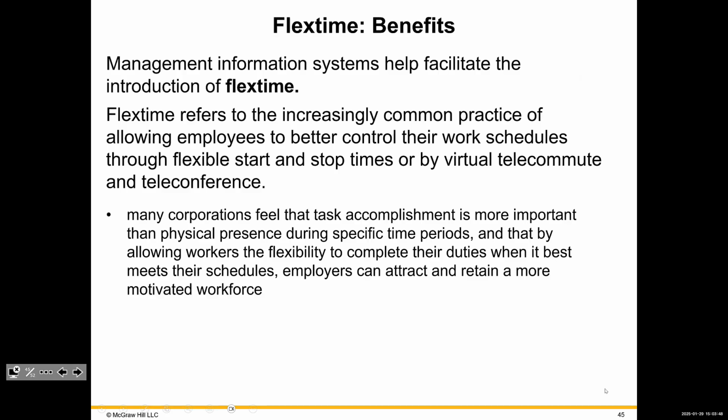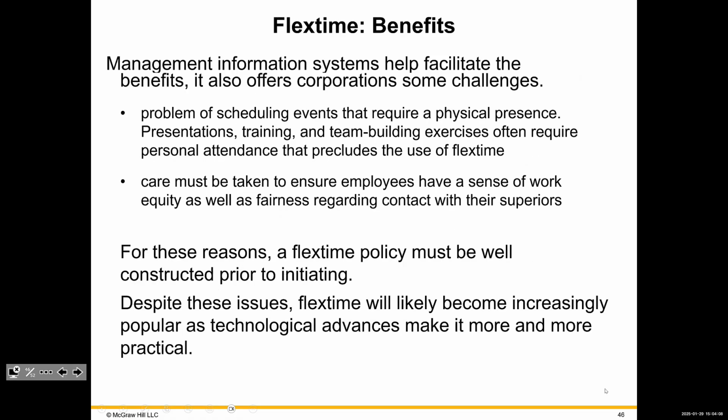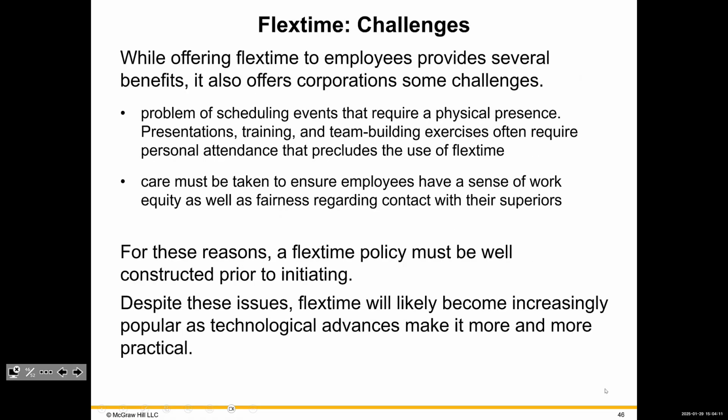Flex time is usually if you work overtime, then you get extra time off. So that would be helpful for some people. And usually if you're working from home, some of them consider that like telecommuting or remote working flex time, but technically it's basically we want you to do more and be better and faster. And the problem that we have with flex time is, some people say that if you're not physically there, it's not the same experience.